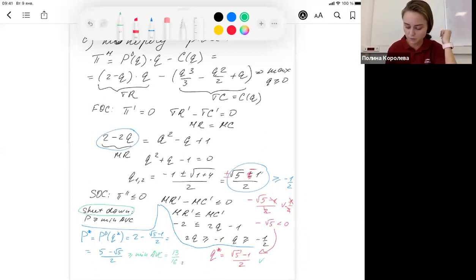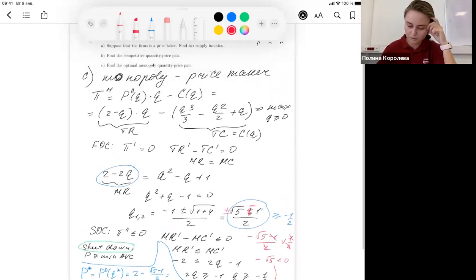And I counted it for you. 5 minus square root of 5 over 2 is approximately 1.38, and 13 over 16 is approximately 0.8. So that's true. And monopolist will produce this quantity.